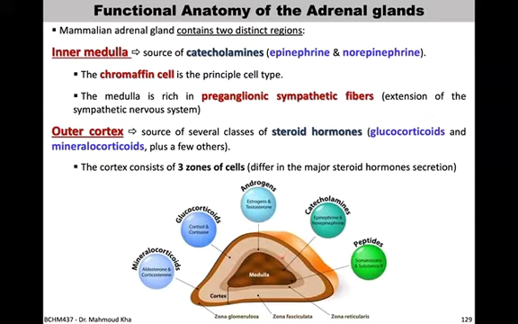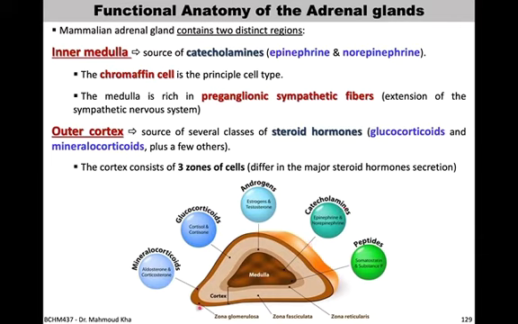Here the medulla is in the middle, and then you have the cortex of three layers: the outer glomerulosa, the middle fasciculata, and the inner zona reticularis. Most of the hormones secreted from the medulla are the catecholamines, epinephrine and norepinephrine.